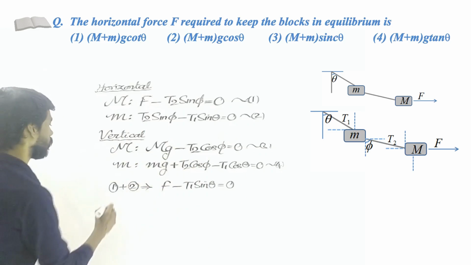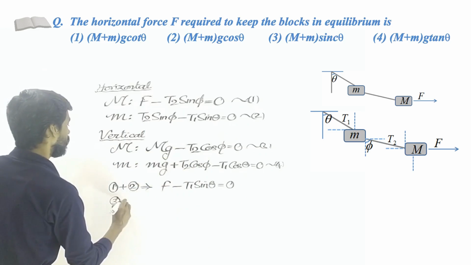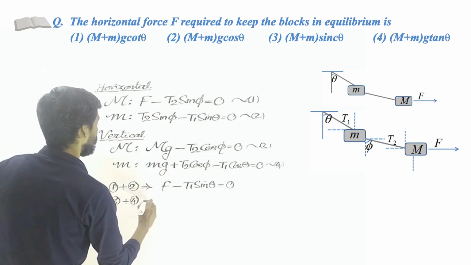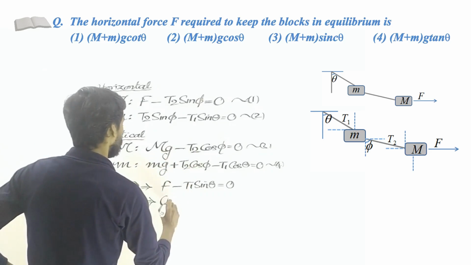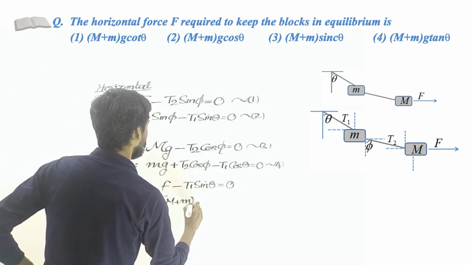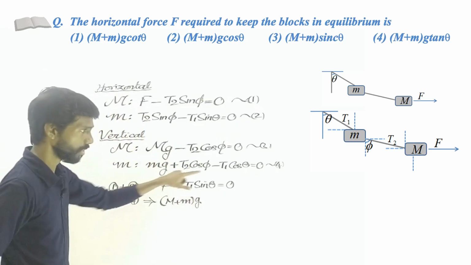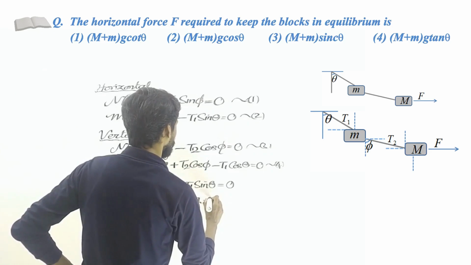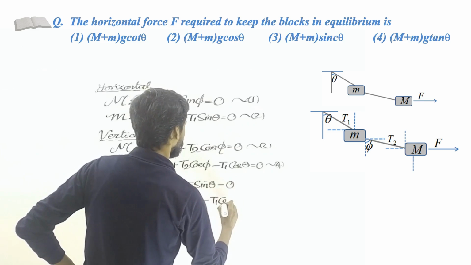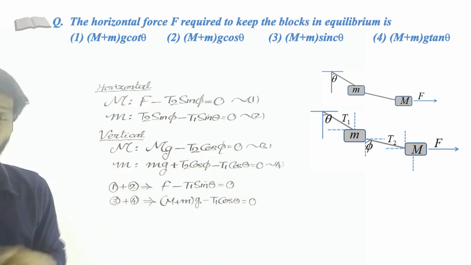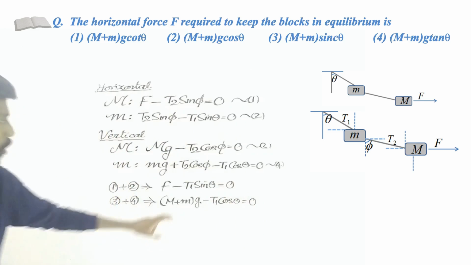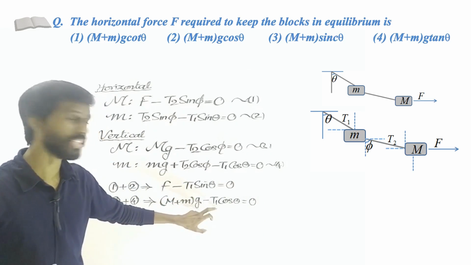So third equation and fourth equation can be added. This gets cancelled, mg plus mg. So that is capital M plus mg minus T1 cos theta equal to 0. Okay, so these are the two equations. Again we have to eliminate this T1. So let's eliminate T1.